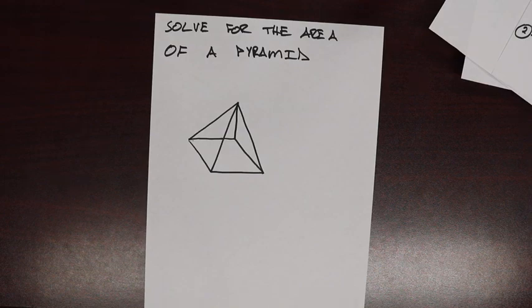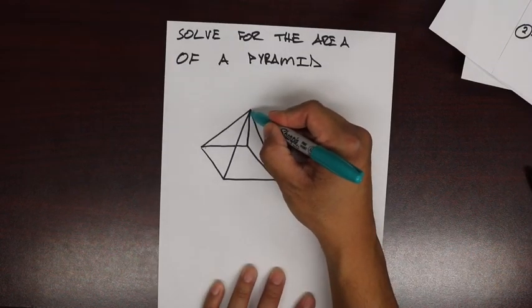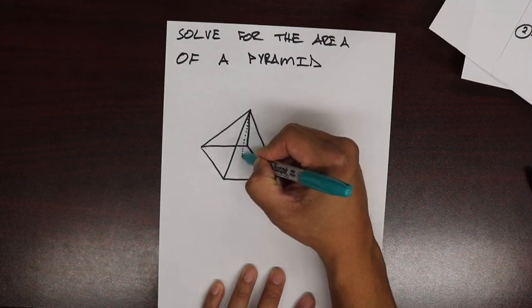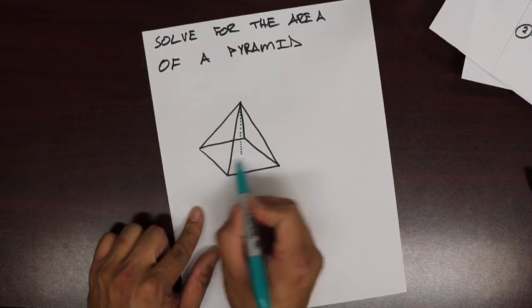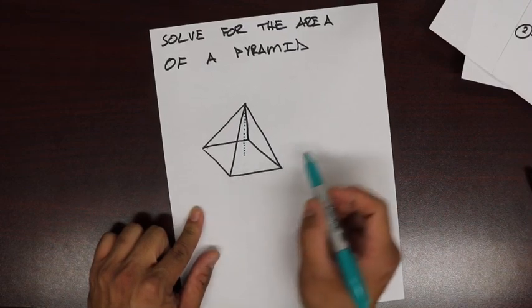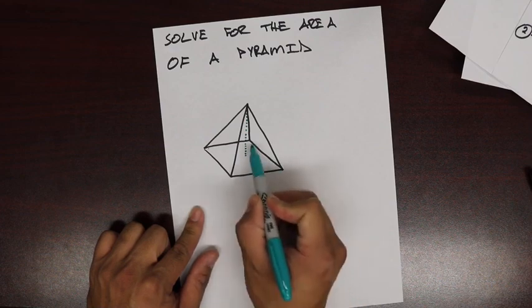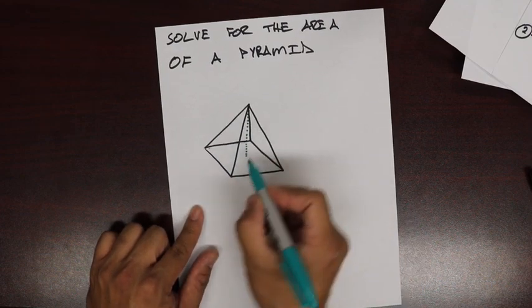Now we're going to break this down into a few different values, right? So let's mark this out. If we go from the top and we let gravity do its thing and let a pendulum drop, it's going to hit some point, the center of this square, assuming that the pyramid is square. In this specific case, we're going to say that the bottom of the pyramid is square.